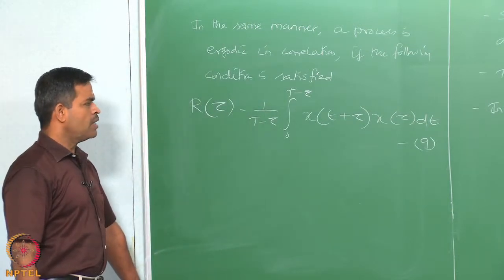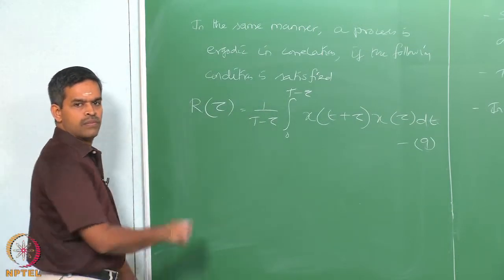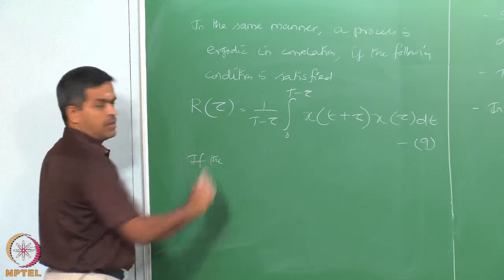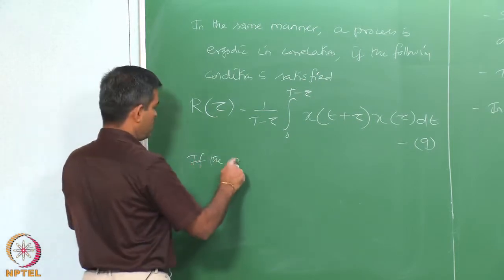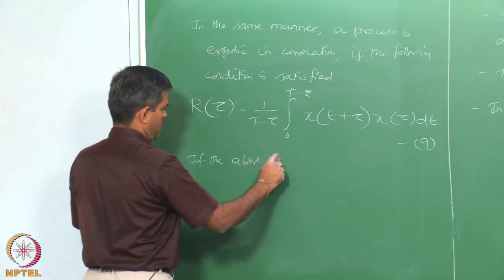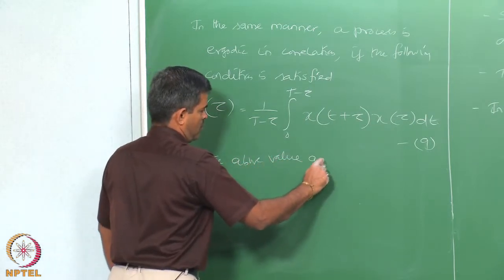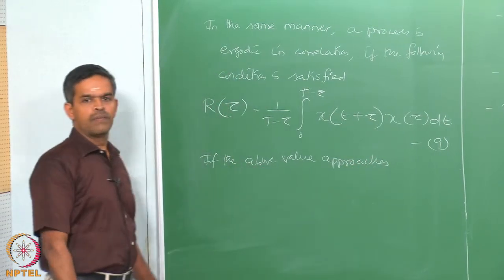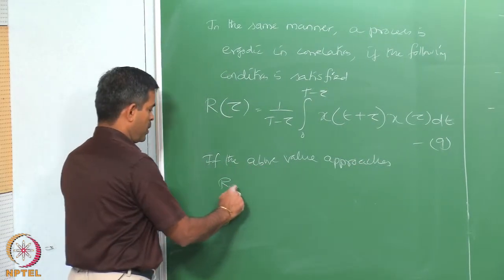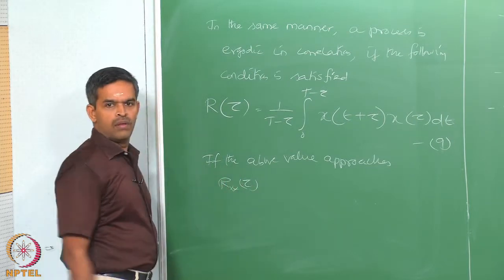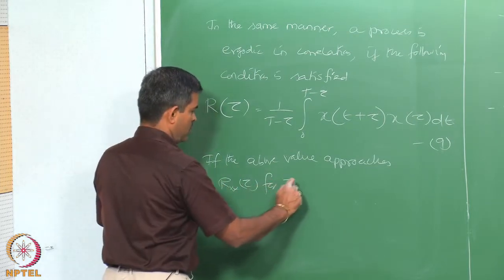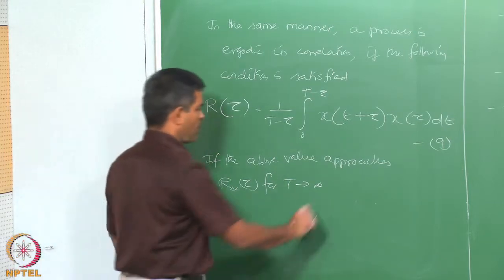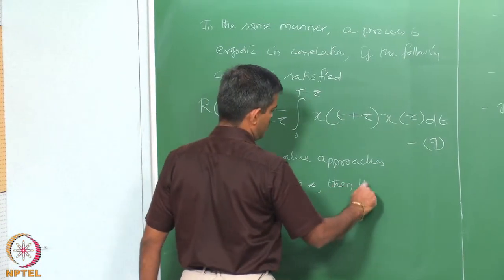Now, if the above value approaches R x x of tau for t tending towards infinity, then the process can be called as ergodic.